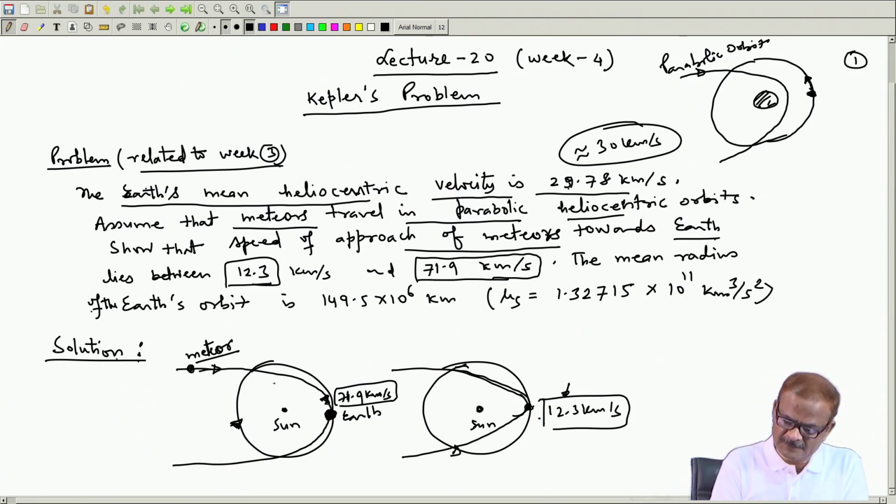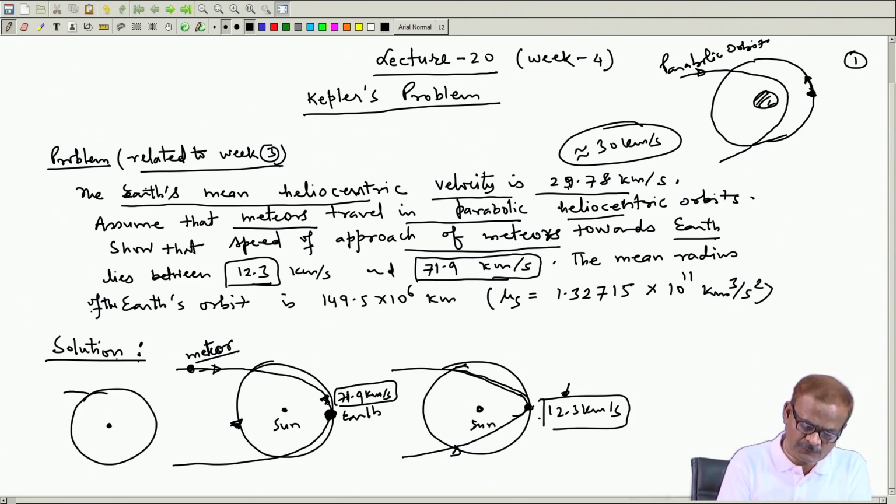It is not necessary that they cross exactly at this point; we can consider any other point because we have to show the range. We can assume that if they are in the same direction, like if the Earth is coming from this direction and at this point the meteor is coming from this direction, such that the angle between them, say alpha, is 0, then the impact velocity will be 12.3.